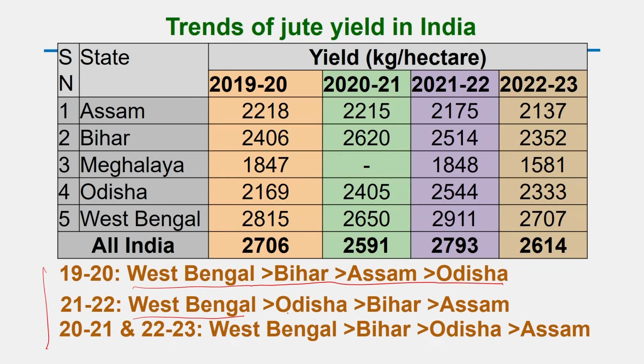Now Bihar was replaced by Odisha, and then Bihar and Assam. In 2021-22, finally the latest years, West Bengal is having highest productivity, followed by Bihar and then Odisha and then Assam. So you can see the productivity of West Bengal is highest, which is currently 2,707 kg per hectare of the jute fiber.